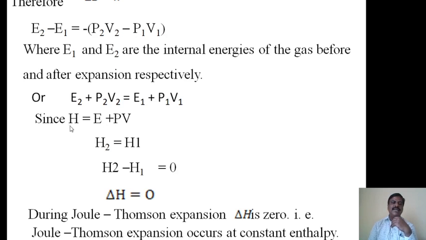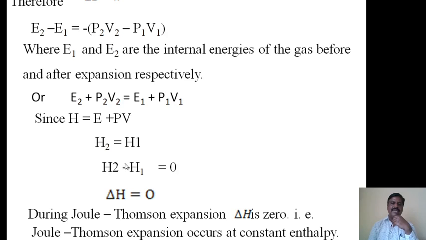Since we know that H is equal to E plus PV, that is, the heat content is equal to internal energy plus the product of pressure and volume, this can be written as H2 equal to H1. That is, the final heat content minus the initial heat content, H2 minus H1, equals 0.